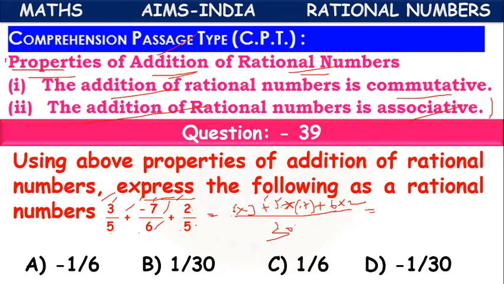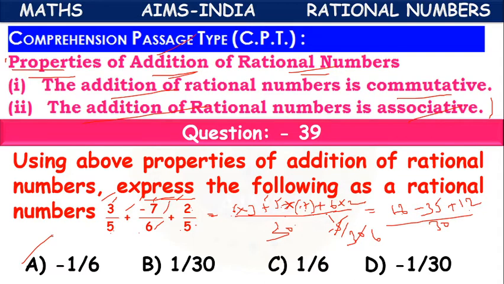After simplification, 6 times 3 is 18, minus 5 times 7 is 35, plus 6 times 2 is 12, over 30. So 12 plus 18 is 30, minus 35, we can simplify it as minus 5 by 30. 5 ones are 5, 5 sixes are 30. So the answer is minus 1 by 6.